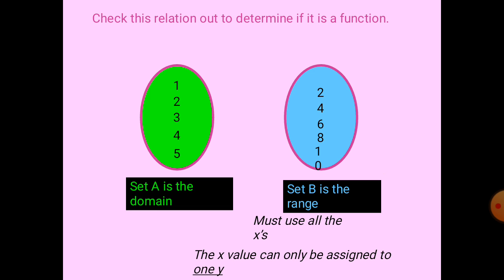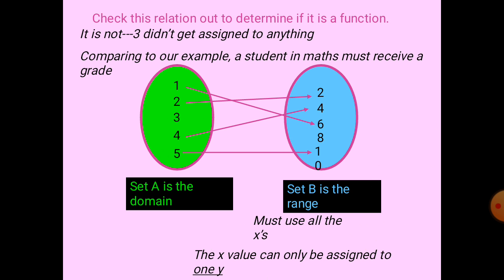Another example. Check this relation to determine whether it is a function. We have set A, the domain, and set B, the range. We have 1 and 6, 4 and 4, 2 and 2, 5 and 10. Help me identify whether it is a function. It is not, because 3 wasn't assigned to anything.